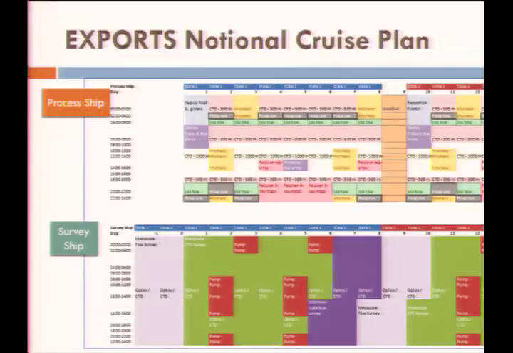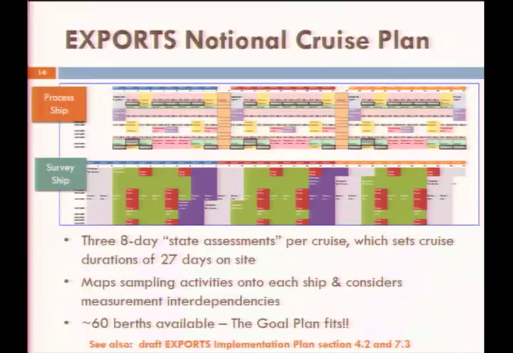If we're thinking about time scales, for instance, for particles from the surface ocean to sink down to hundreds of meters deep. So if we take those 8-day ecosystem and carbon cycling state estimates, we can get 3 of those in on a single 27-day cruise if we include some weather days and required ship operations.